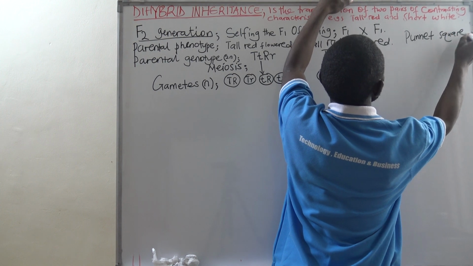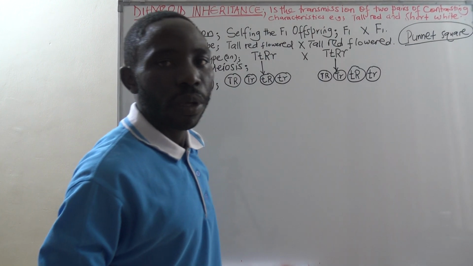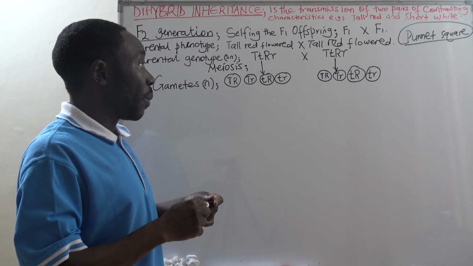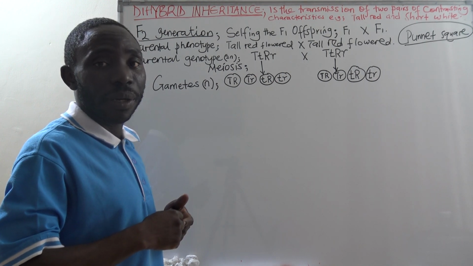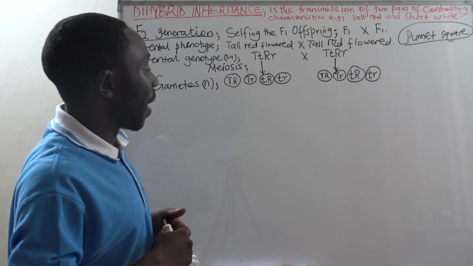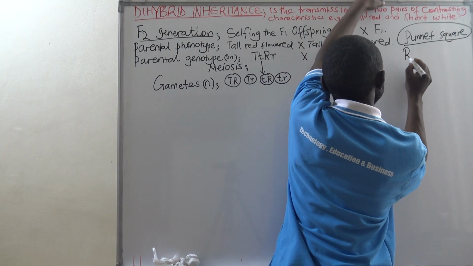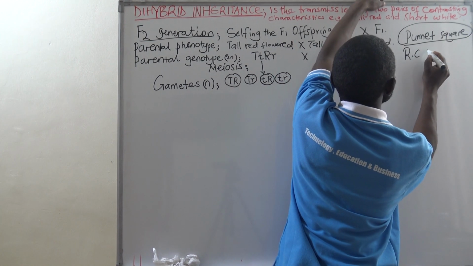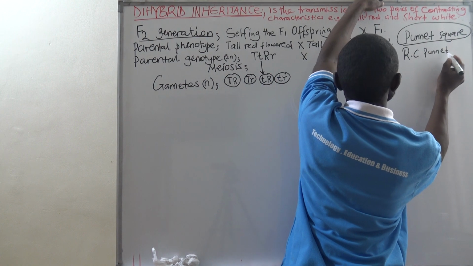A Punnet square is a grid named after a British geneticist called R.C. Punnet, and he called it a Punnet square.